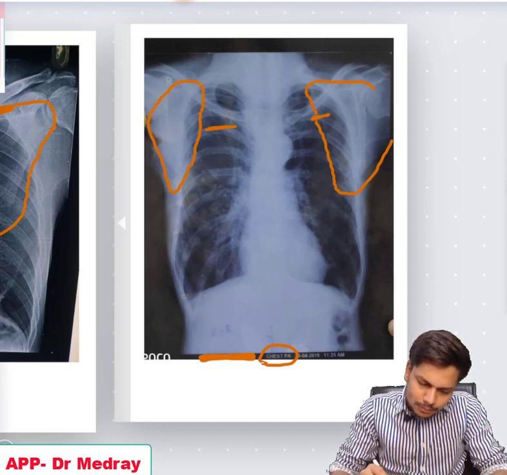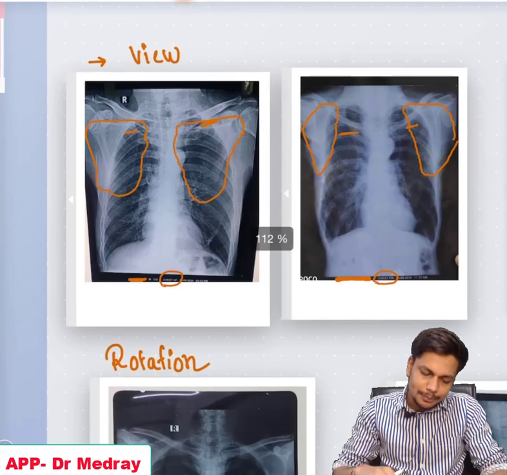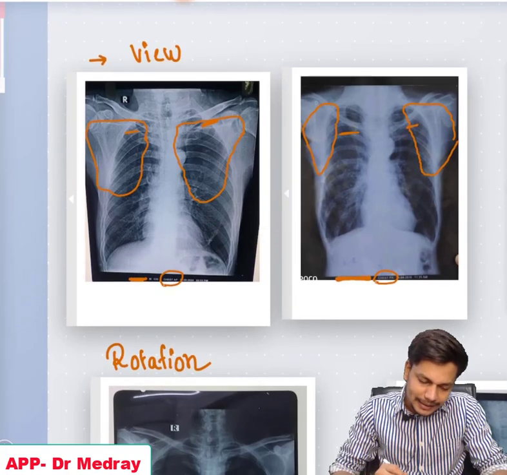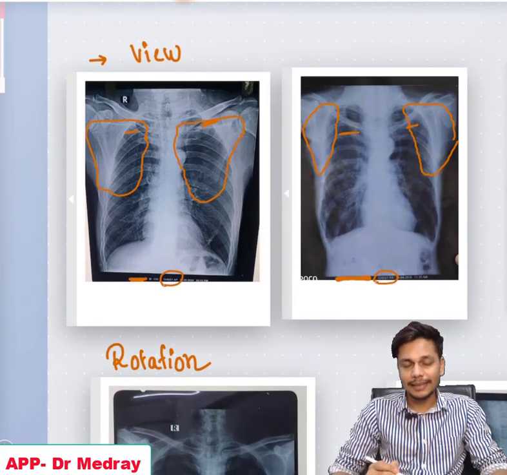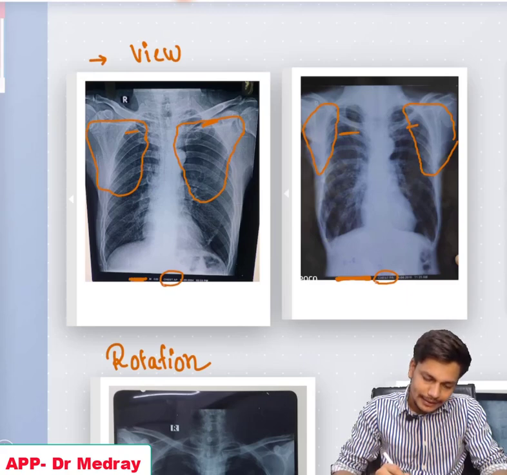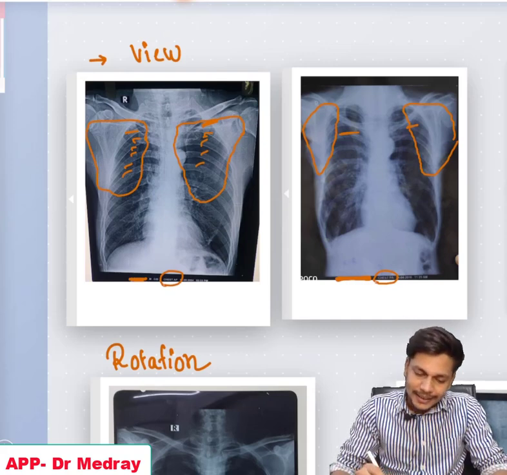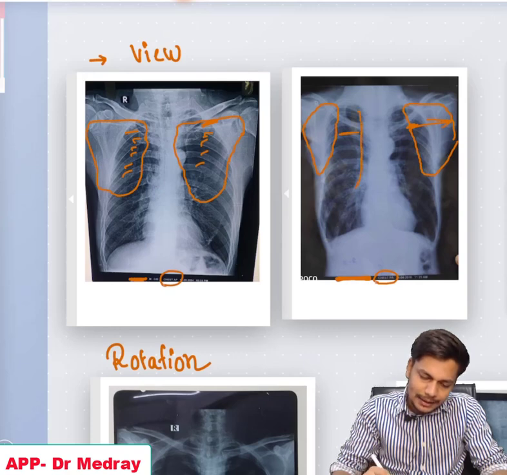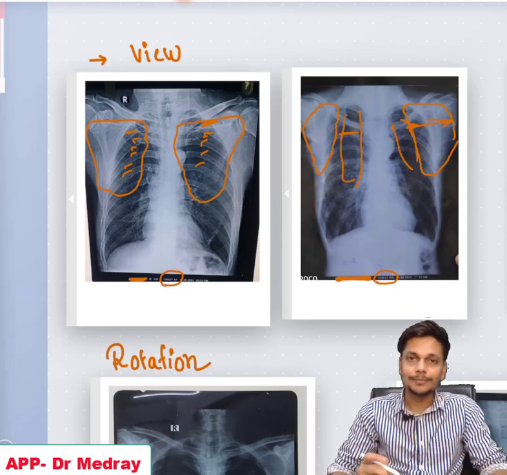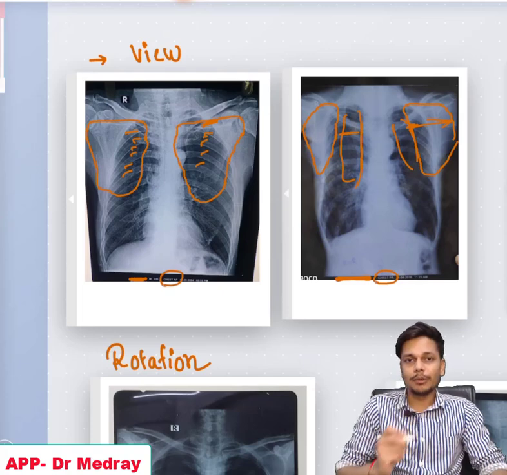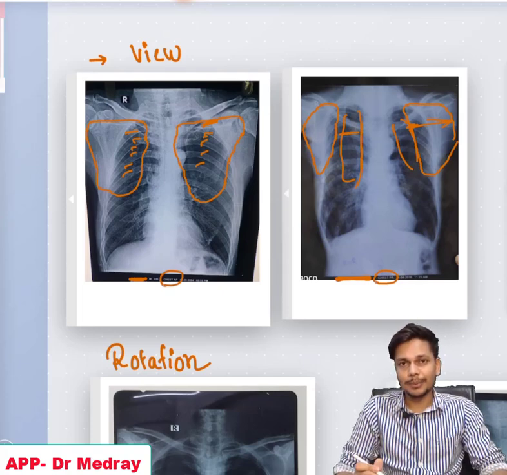The border of the scapula in the AP view is coming into the field of the lung parenchyma, while in the PA view the scapula is widely separated, away from the lung field. This is one of the important findings in AP and PA views.